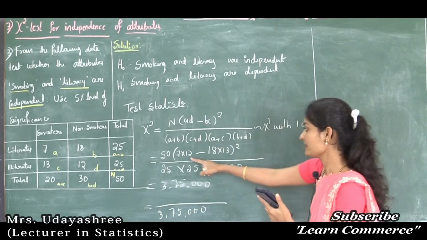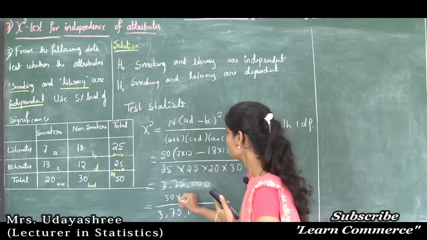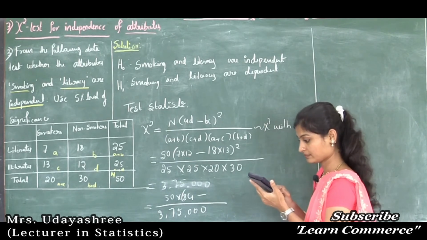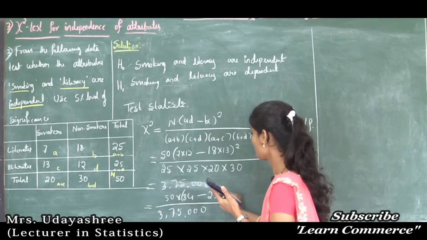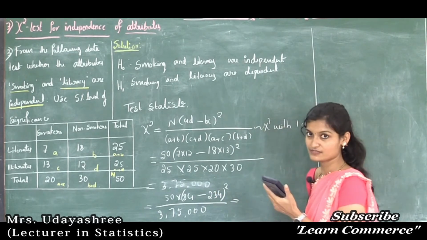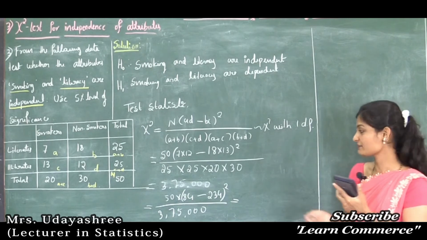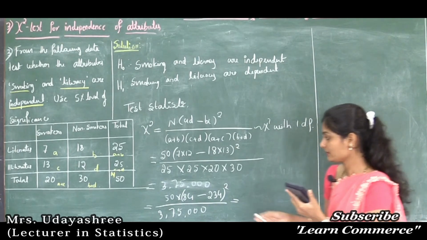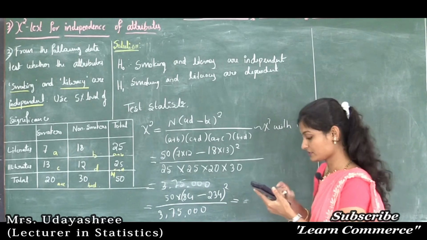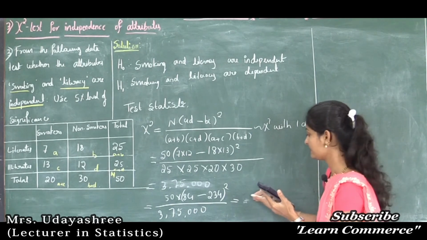Then here 7 into 12 is 84, so 50 into (84 minus 18 into 13, that is 234) whole square. 84 minus 234 is minus 150, then whole square, that is 22,500, into 50, that is 11,25,000, divided by 3,75,000, that is 3.